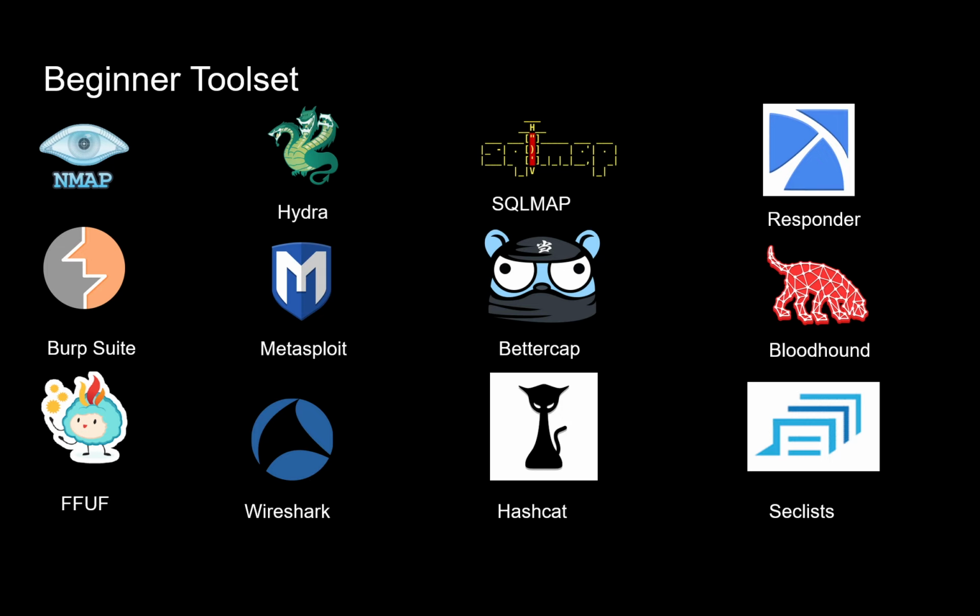What FUF does is it passes a word list and tries to discover directories on a website. Let's say you go on a website; it can discover certain directories that are on that site.